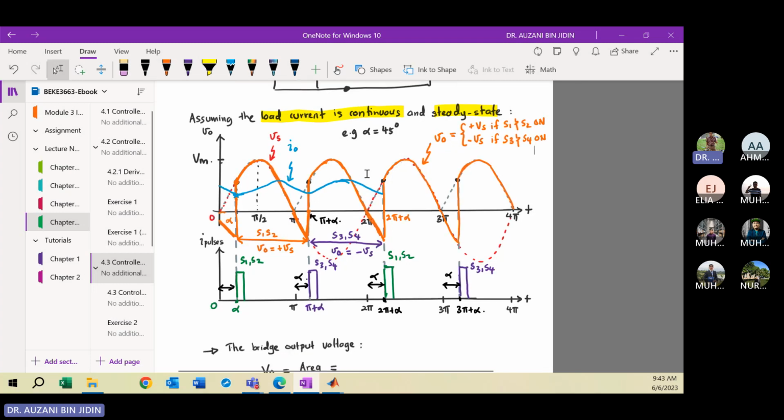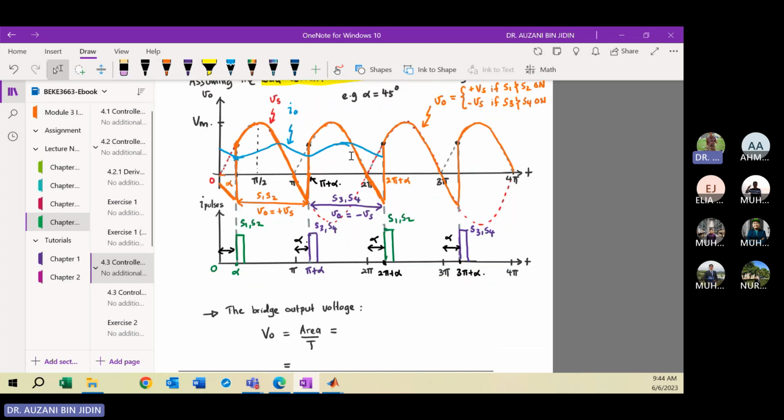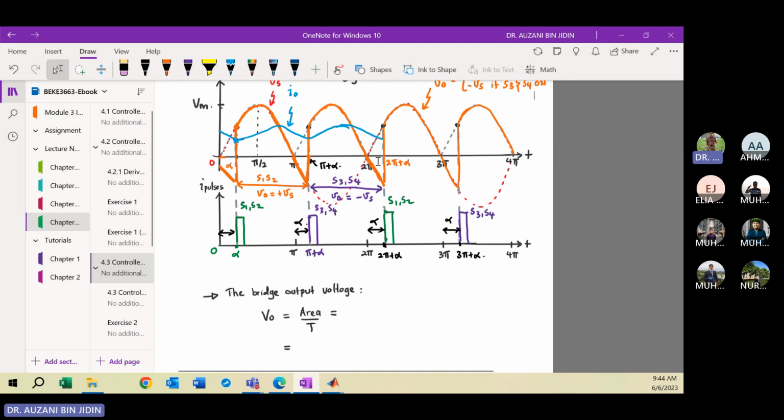Then based on this sketch of the output voltage waveform, you can derive the equation of the output. How to derive? We apply the same thing: you need to calculate the area. So this is your area. You have the positive area and the negative area here.